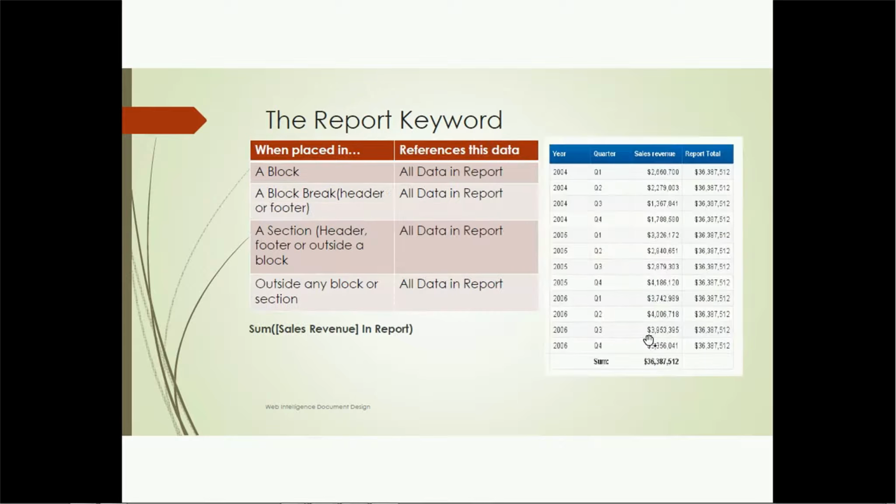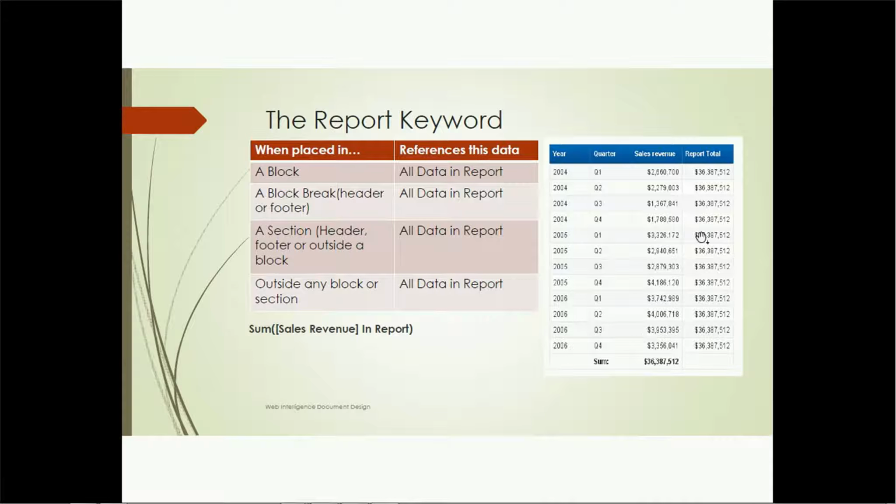Okay, coming to the last keyword, which is the report keyword. So in this report keyword, wherever we place it, it will give the data for all reports. Suppose this is 2004, 5, 6, for 3 years, the data is getting displayed. So whatever the values, suppose this is the total value and I am placing this sum of sales revenue in report.